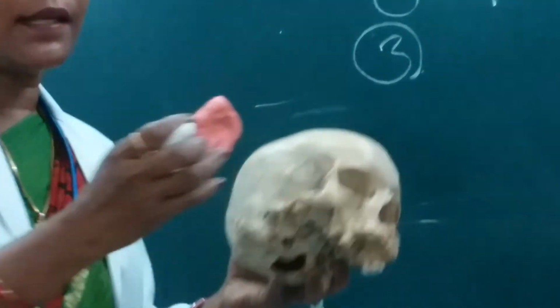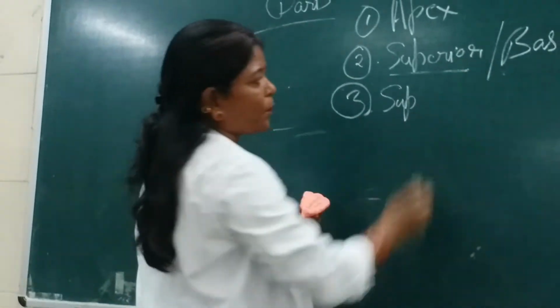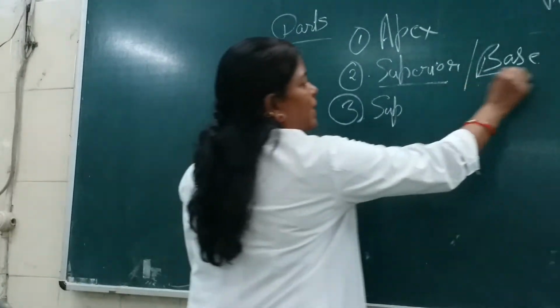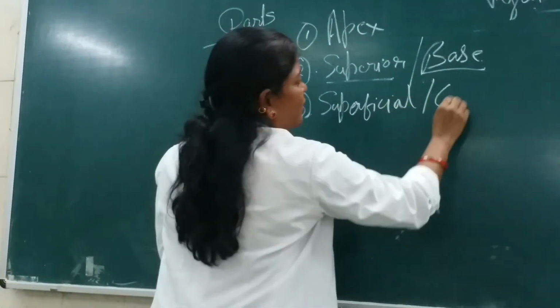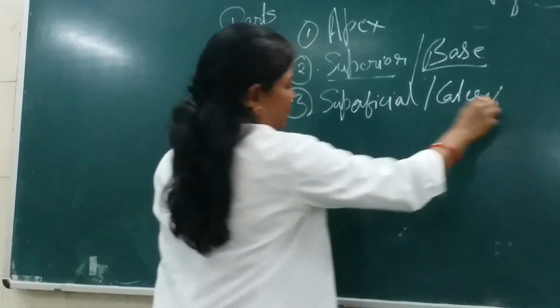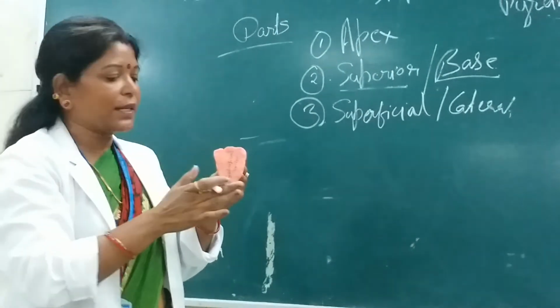Laterally, that is the superficial surface, which is the largest surface. There are two words, superior, which is the base, and the other is the superficial surface of the parotid.